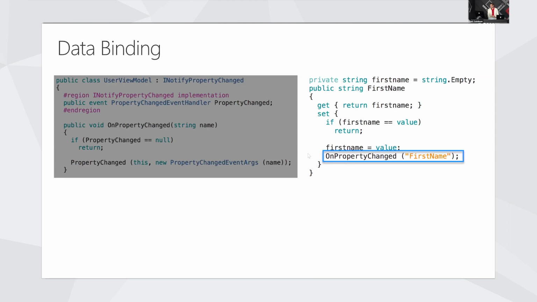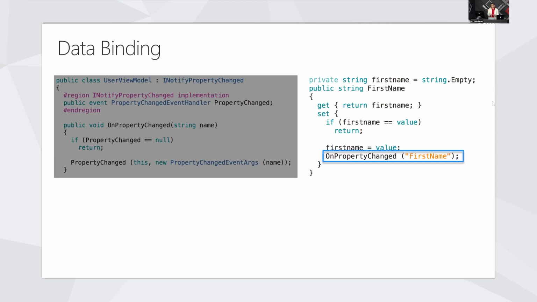So you can see here in the definition of the property, we've got the private backing variable and the public property. And in the setter, where we assign the new value to the property, we then call OnPropertyChanged. Now, a couple of things to notice here.